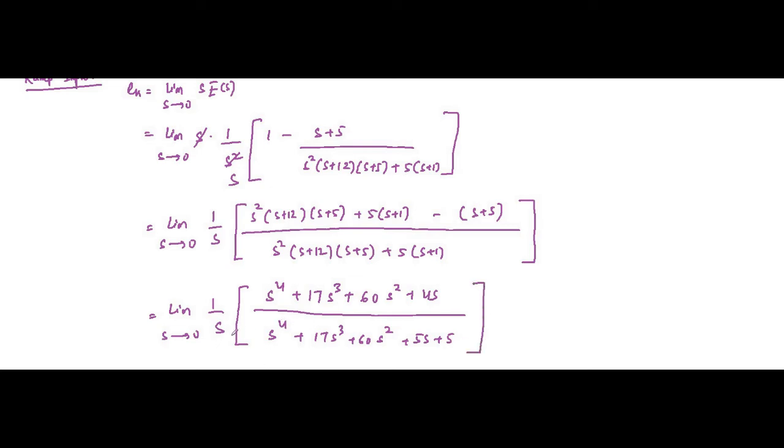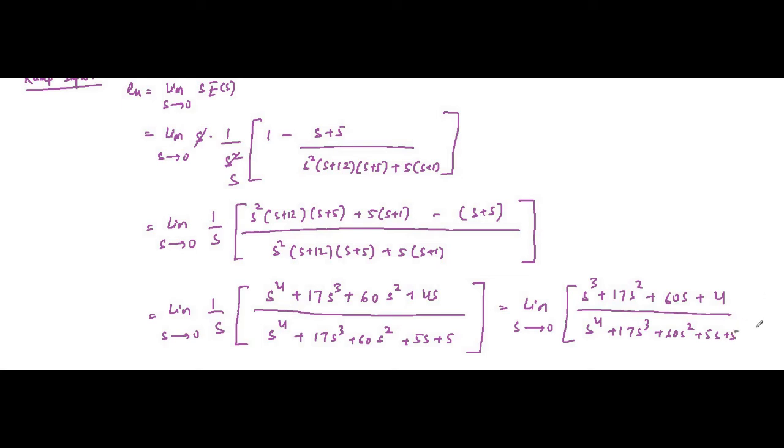So here when this s gets divided with this numerator, this will become limit s tends to 0, this s gets divided everywhere in the numerator, so it will become s cube plus 17s square plus 60s plus 4, okay, by the denominator just the way it is, s4 plus 17s cube plus 60s square plus 5s plus 5.